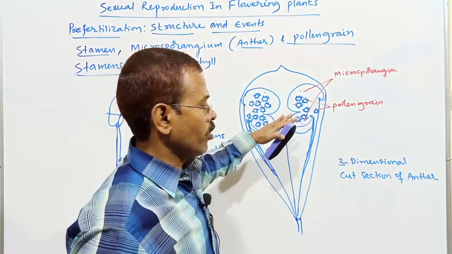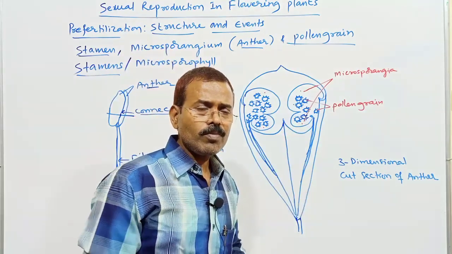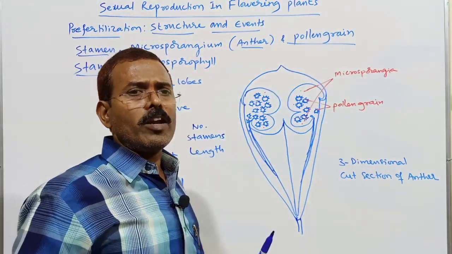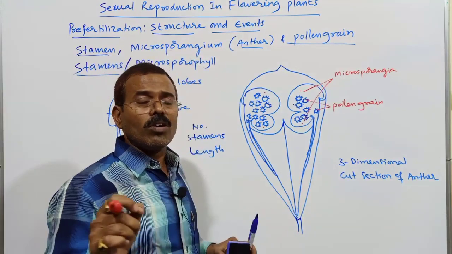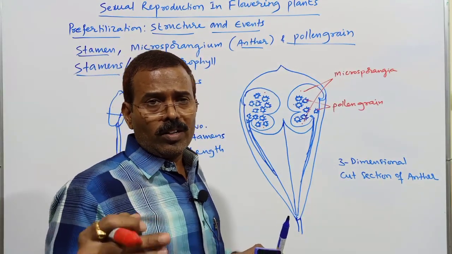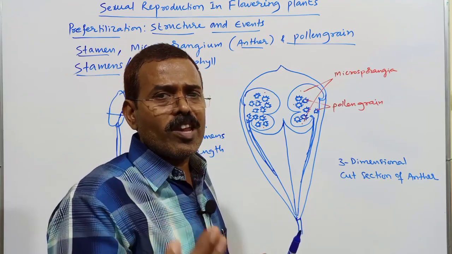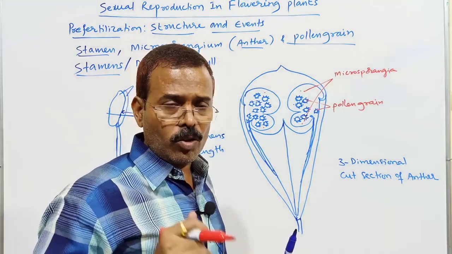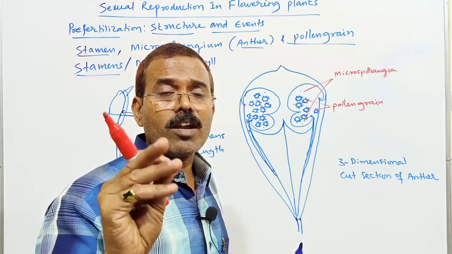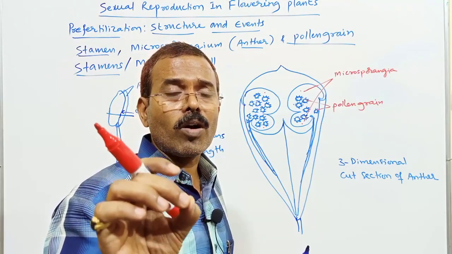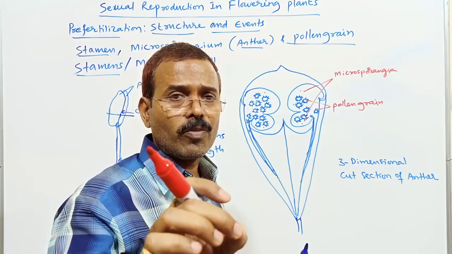So try to remember this. Now moving on to a very important concept, that is TS of young anther or structure of microsporangium. Structure of microsporangium or transverse section of young anther. 5 marks, very, very important from the exam point of view.